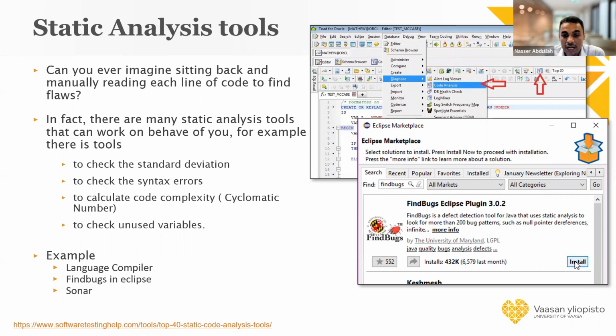If you want to use it, you can just add it to Eclipse. This one, Sonar, can also be used to detect some bugs. The idea behind these tools is the same as what we learned. For example, for complexity, they use the same methods, but they use a tool to do it. Here, we do it manually.